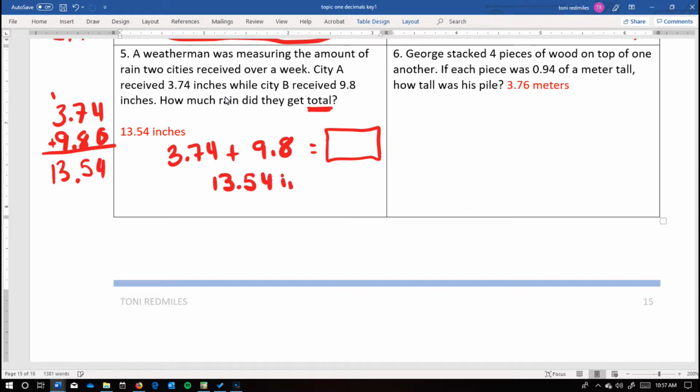13.54 inches. And I do things now that I'm a teacher, the way that the majority sees the problem, because that's my job as a teacher, is to present things the majority way, and just help those on the side who see it in the minority way. I was the child who saw it in the minority way.